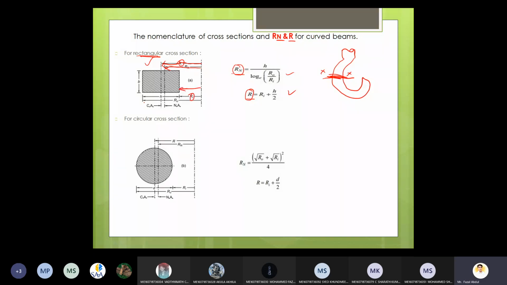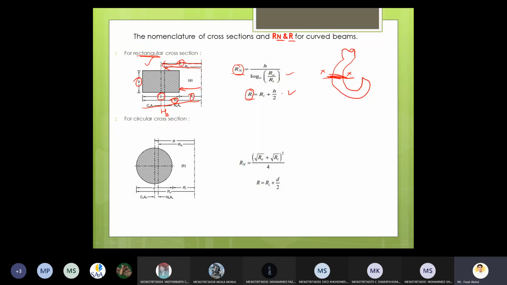This is R naught. The dimensions of the figure are width, height, and the distance between these two axes is e. That's the reason I said terminology is very important for this particular topic. So Rn is h by log e of R naught by Ri, and R is Ri plus h by 2.